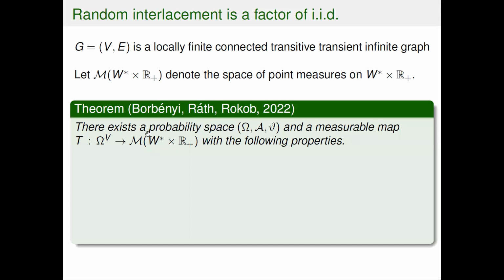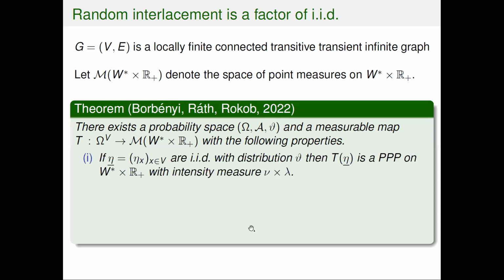It just says that it's a factor of i.i.d. There exists a probability space (Ω, A, ν) and a measurable map T which, given some input on the set of vertices, with an element of Ω at each vertex, constructs an output, and this output is a cloud of doubly infinite trajectories with labels.